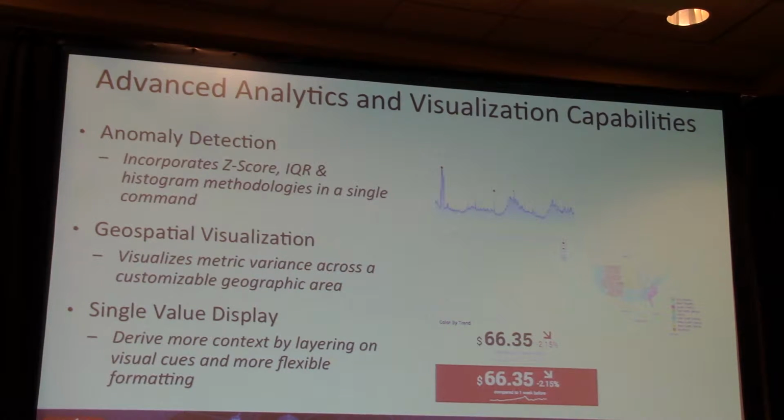That's also available in Hunk 6.3. And then the new single value displays, which allow you to give more context to your big data. So you can change the format, add sparklines, really make those single value displays much more prominent depending on what you're monitoring in your organization.